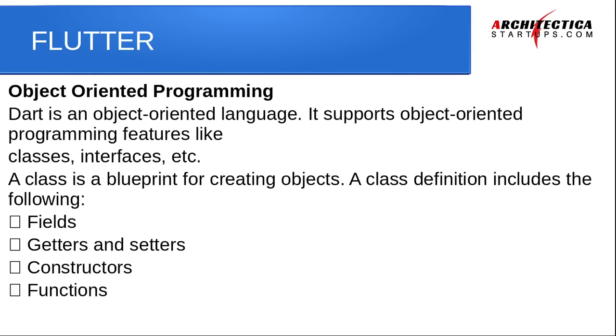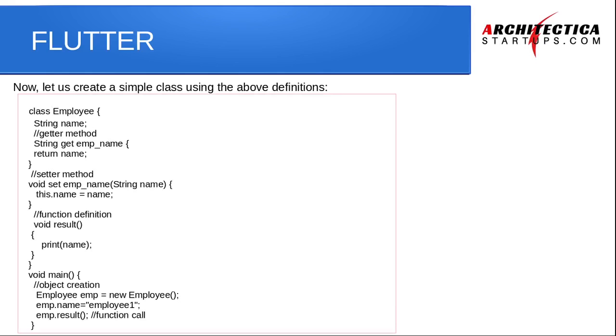And functions, like a function for calculating age from date of birth. So there could be a function of the person class that calculates age using date of birth. These are the things a class definition includes, and this is how we can create a class.